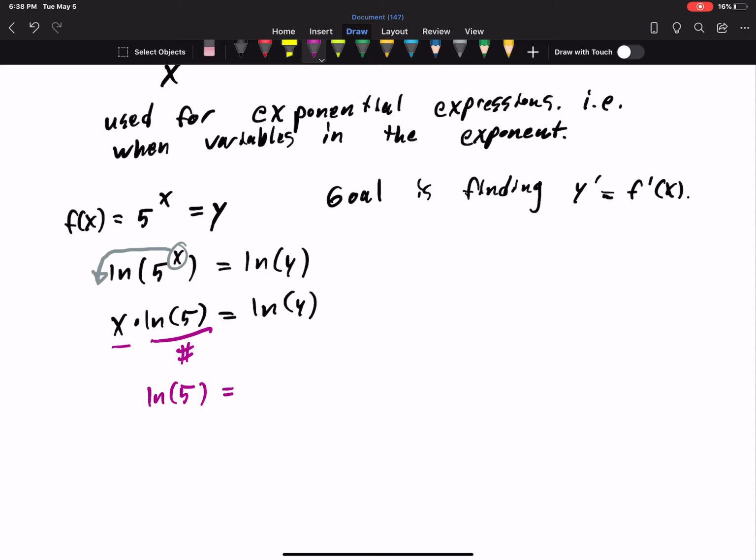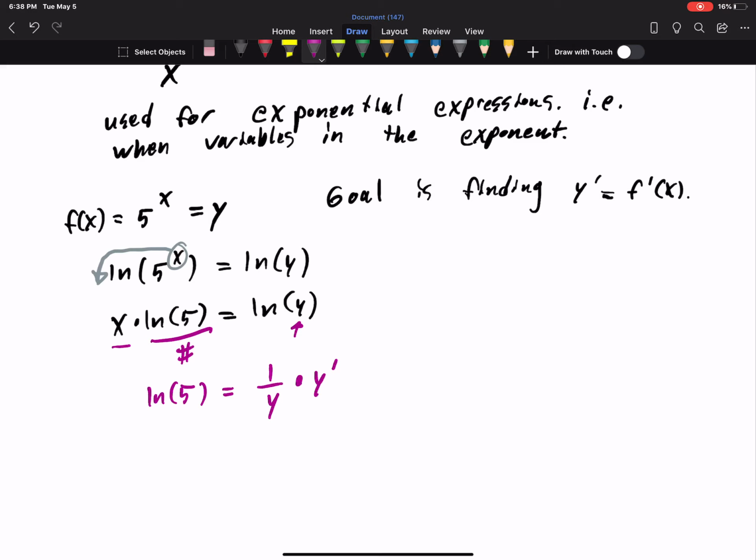Now when we derive the right-hand side, how do you derive a natural log? Well, we know that the derivative of natural log is going to be 1 over whatever is on the inside. But then you have to multiply by the derivative of the inside because, well, y is a function of x. So we're going to multiply by y prime. All right?